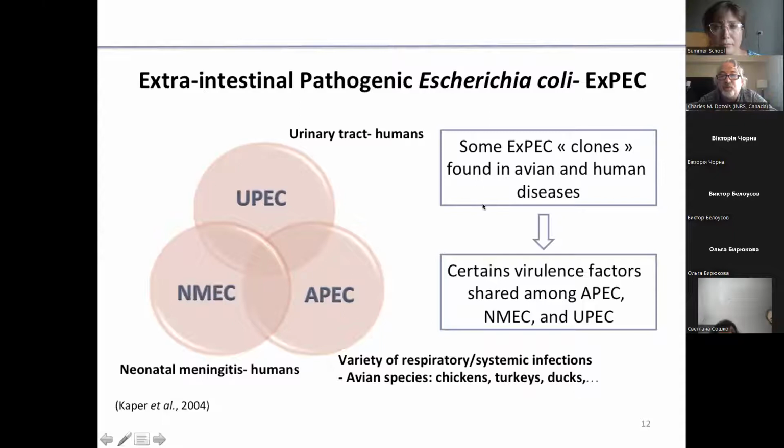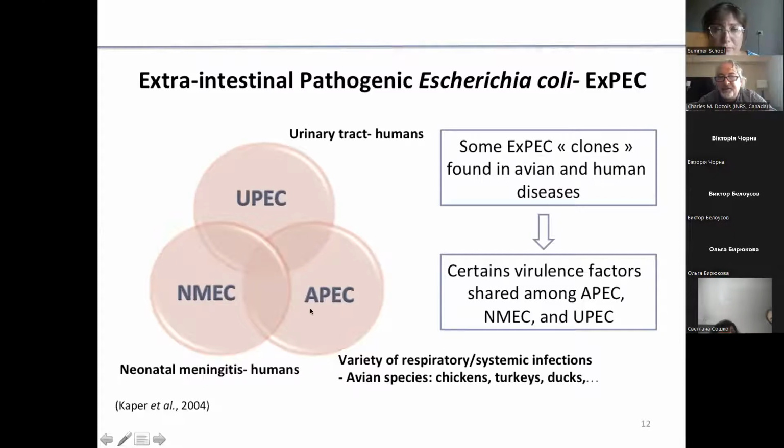And so from this standpoint, it's predicted that there may be some food associated or zoonotic, so animal sourced, extraintestinal pathogenic E. coli that can be a factor that could potentially go from the food chain into our intestines, and then eventually potentially lead to us having a carrier state that could lead to a neonatal meningitis infection or a urinary tract infection in certain people carrying these particular clonal groups of E. coli.